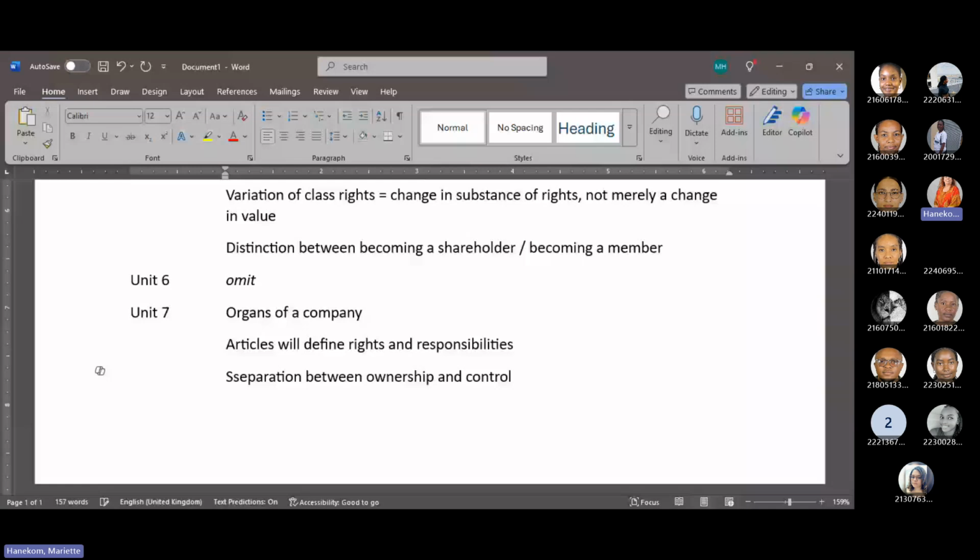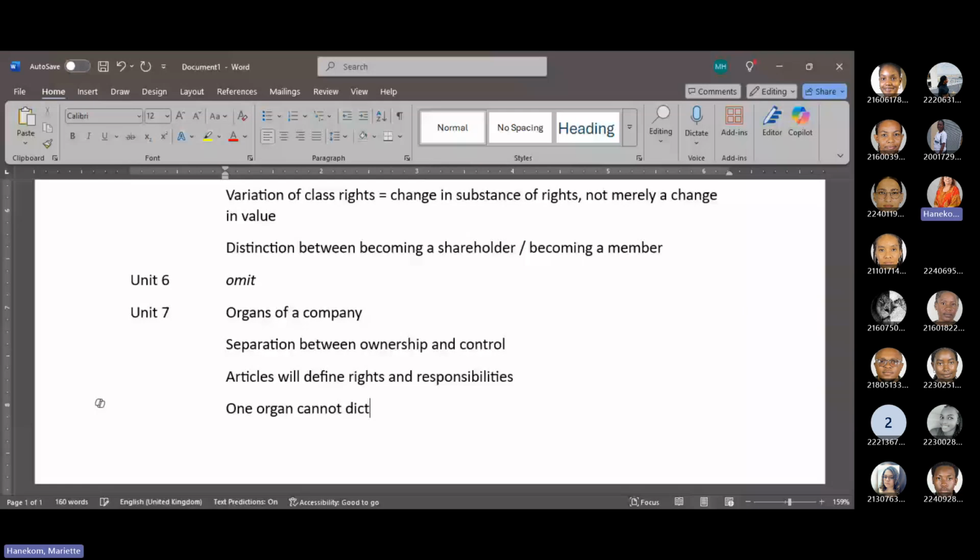Actually, that one must rather be there to just have the sequence right, that there's a separation between ownership and control. Articles define the rights and responsibilities, and the one organ cannot dictate to the other organ what they should or should not do.